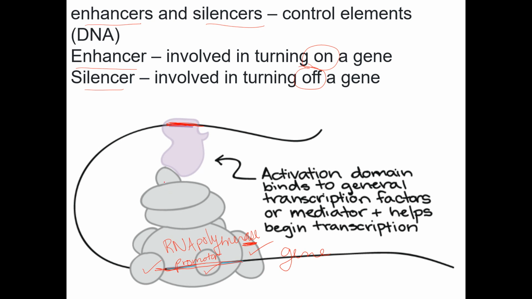These are called mediator proteins here. This is called an activator. And instead of a general transcription factor like these, it's a specific transcription factor, and it binds to an enhancer. So this would be an enhancer. And these proteins would all be working together in order to help this gene get transcribed at a high rate.